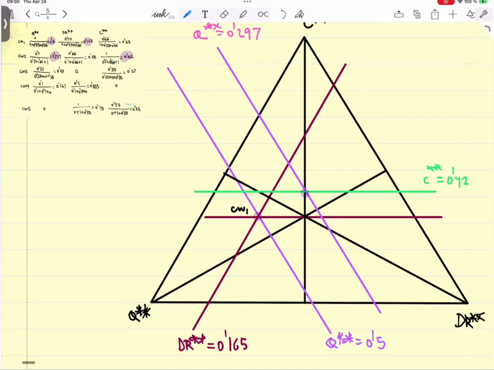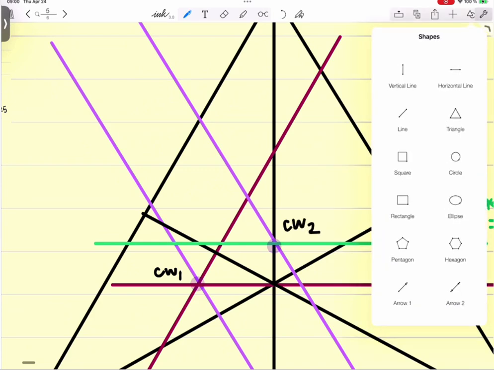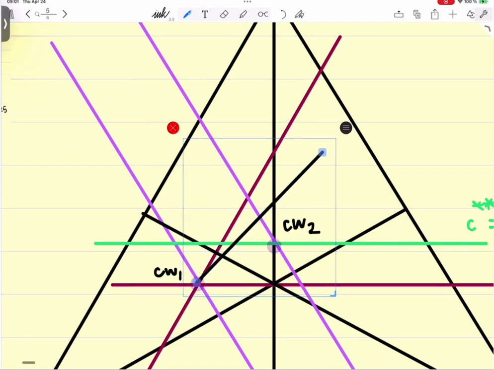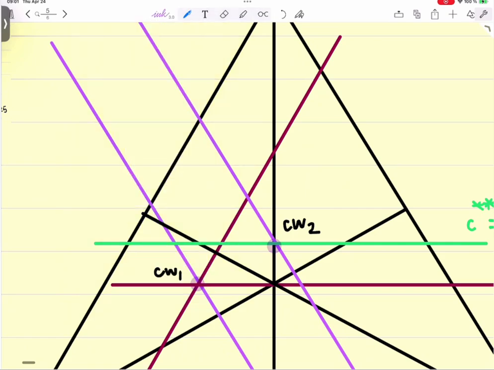Okay? So this is calendar week 2. So we know our organization is moving. I want to use a different color. It's moving from this point to this point.